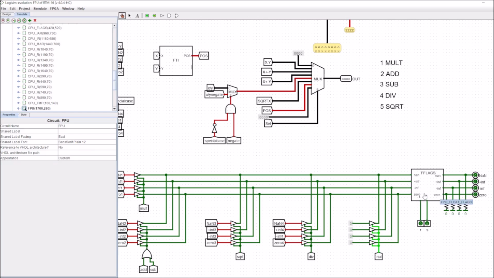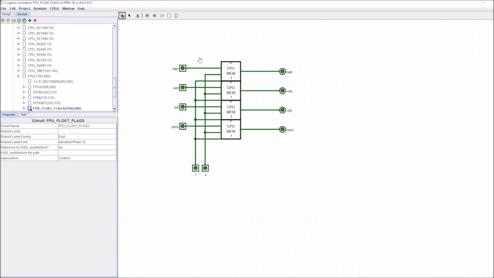If I didn't have this, then the flag would just pulse on and off momentarily. But what I wanted to do was set the value within this little memory cell, so it stayed on until the next flag came along and the next flag was set. So we ended up with this extra line here, which is a little set line, which is setting the value within this. It's just a simple memory cell, which you've seen plenty of times before.